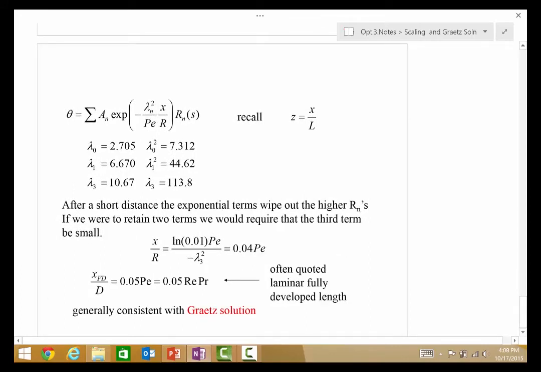Okay, so the composite solution, the full solution of theta in terms of z and s, is this power series. This generalized Fourier series, where the Graetz functions Rn of s are the orthogonal functions, the basis functions, or sometimes called the eigenfunctions.